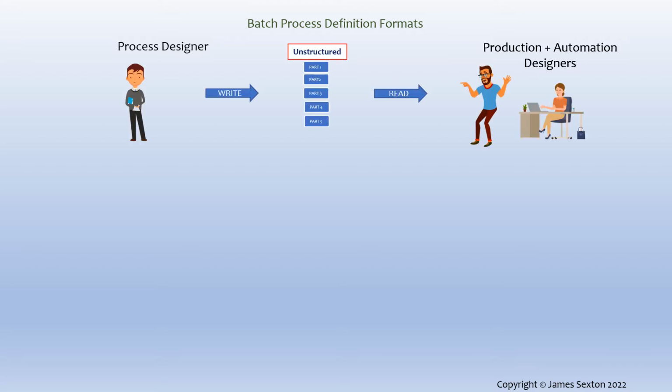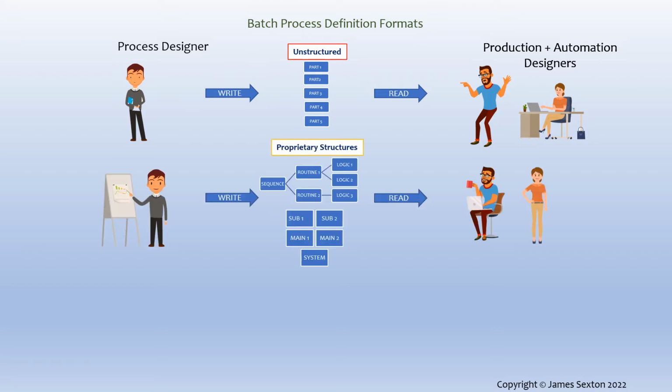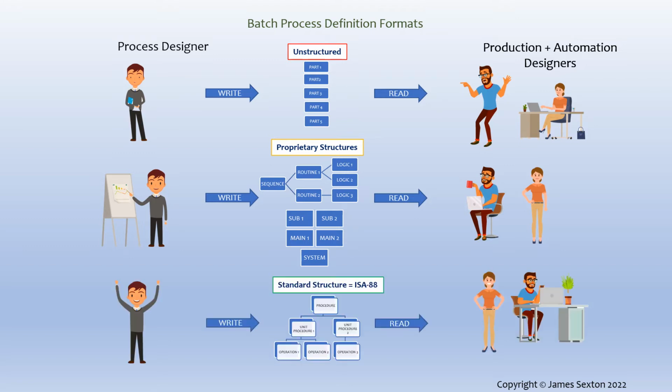Obviously, stating the requirements in an unstructured and inconsistent way is going to make the user's job much harder. But even well-structured but proprietary ways of representing the information can introduce a learning curve to each new project. So S88 is an attempt to standardize the presentation of control requirements across the batch manufacturing industry.